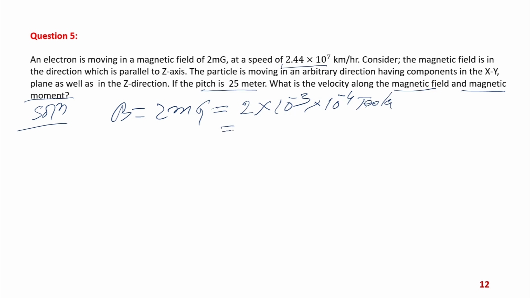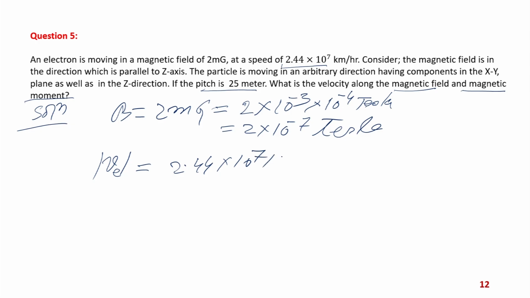Then it is 2 into 10 to the power minus 7 Tesla. And then your v e, the magnitude, is given as 2.44 into 10 to the power minus 7 kilometer per hour. You have to convert it into meter per second. Then it is 6.78 into 10 to the power 6 meter per second.